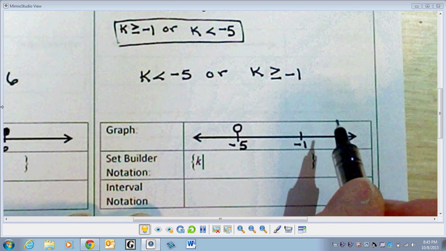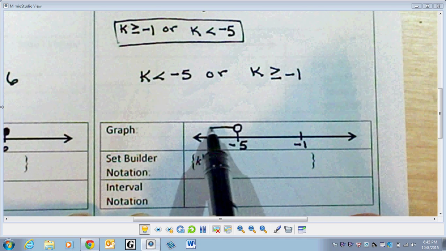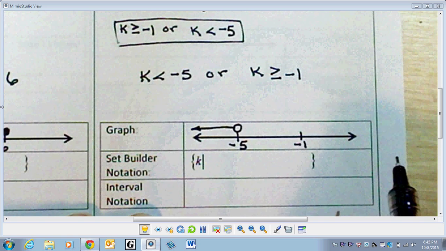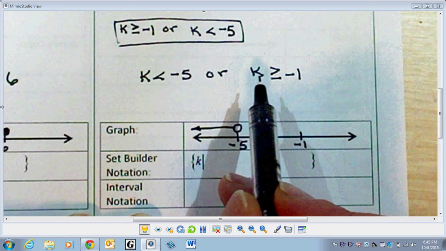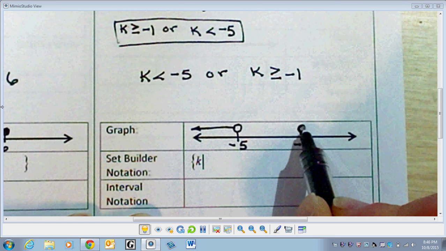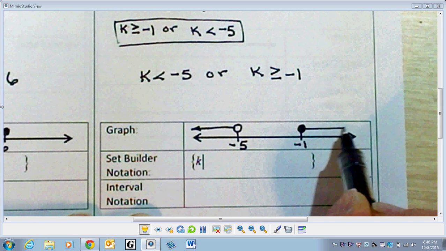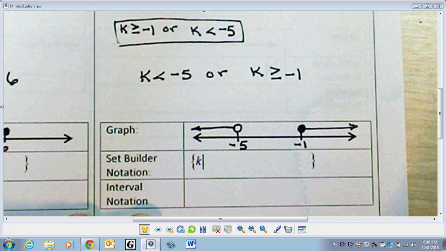K cannot be -5, just really close. K is less than. All my numbers get smaller on this side, so I graph it in that direction. Here, k can also equal -1, so I'm going to color that in. K is bigger than -1. All my numbers this way are bigger.